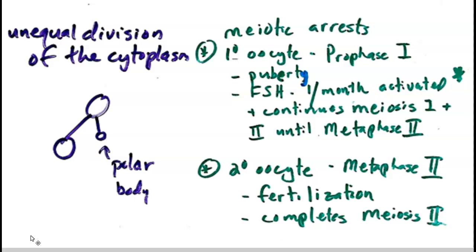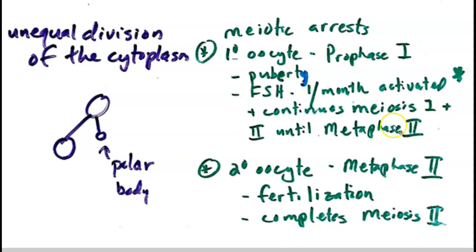So I told you that the females are born with all the eggs that they're ever going to have, and they form them when they're inside their mother. The eggs are not mature. They are in the stage of prophase 1, in the chiasmatic stage and crossing over. And they stay in that stage until the girl reaches puberty.